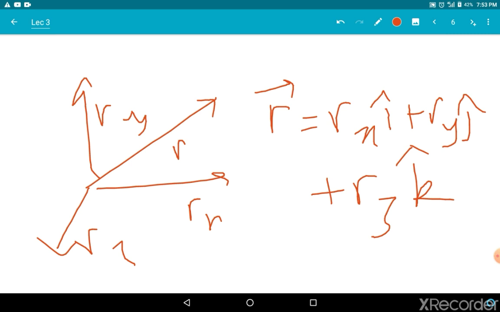Understand? This is actually very easy to understand. As you can see, these axes make 90 degrees to each other. Let's say this r makes an angle theta with the x-axis, and with the z-axis it makes beta.